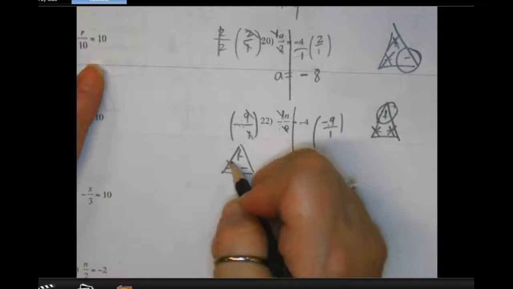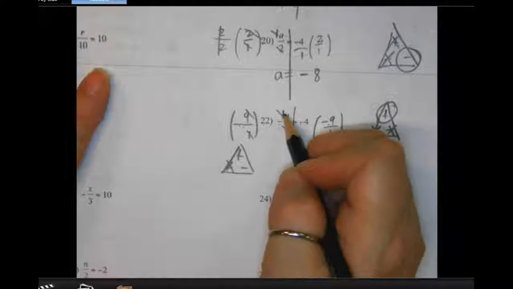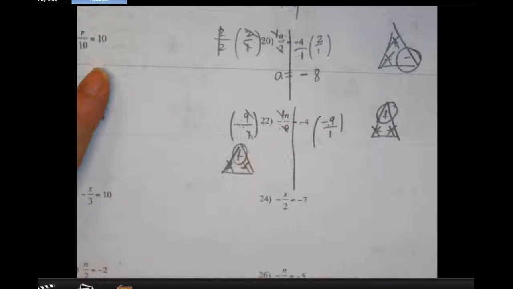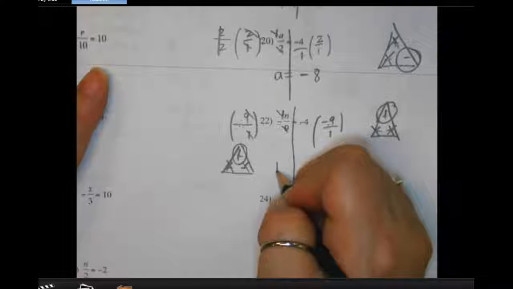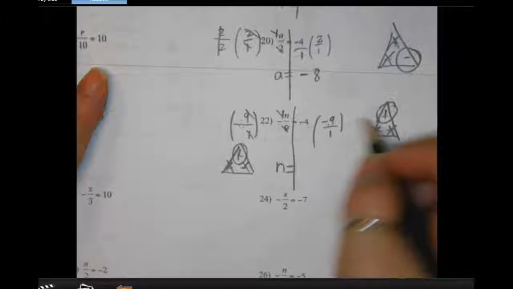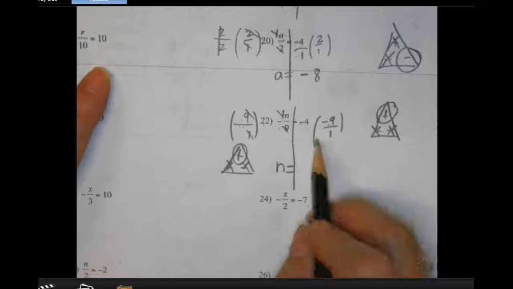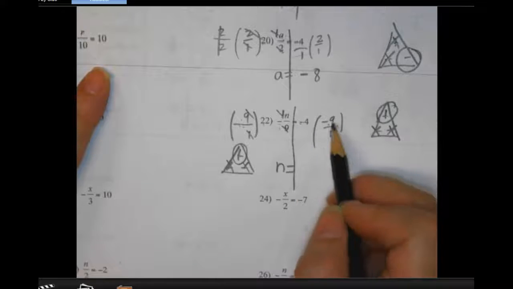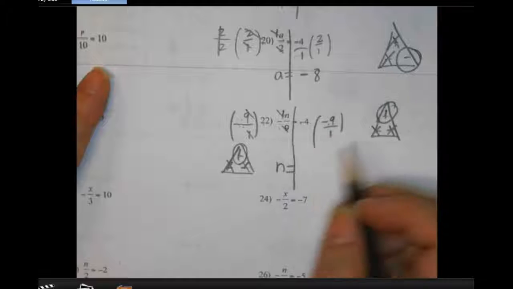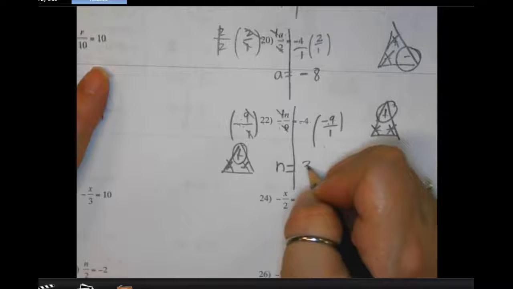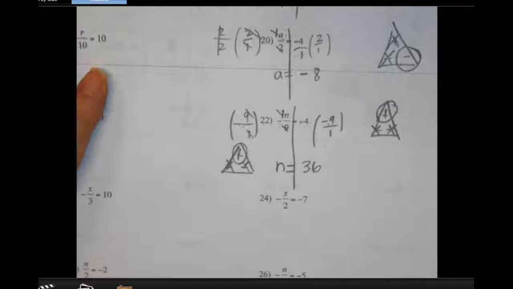Right? A negative times a negative is going to give me a positive 1. So my n is going to be equal to whatever the sum of these problems are, and we said they're going to be negative. So 9 times 4 is what? 36.